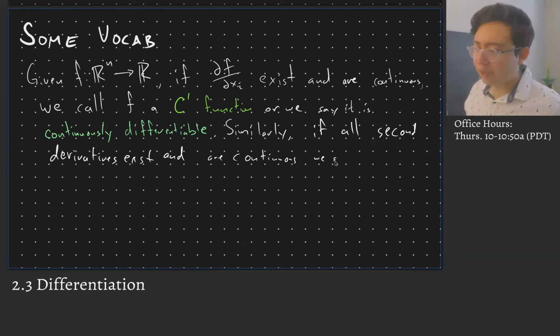We say f is C2, or twice continuously differentiable.